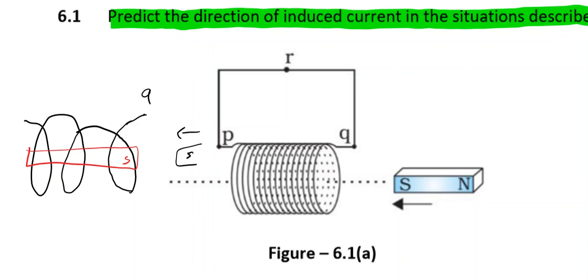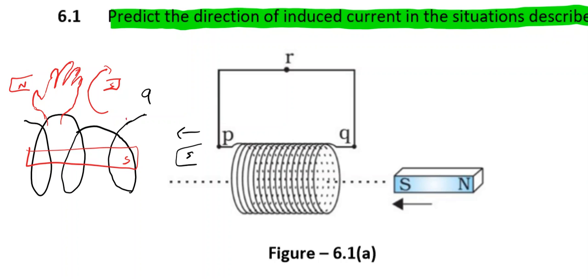And then if you curl your fingers in such a way that, let me draw it, your right hand fingers are curling this way, then only you will be able to have north pole on the left side and south pole on the right side.